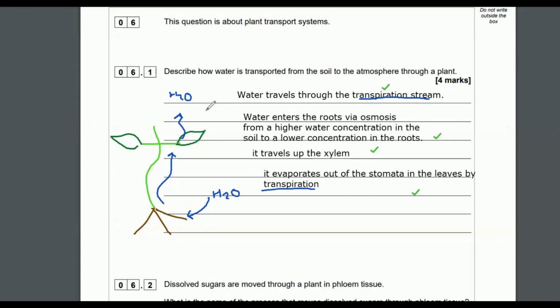So it's the whole thing. It's called the stream or the river of transpiration. Whereas if you just use the word transpiration, you're just referring to this bit when the water evaporates out of the stomata on the underside of the leaf. So that is what just using transpiration means. So it's best to say the whole thing, transpiration stream. There's 4 marks. Lovely jubbly.